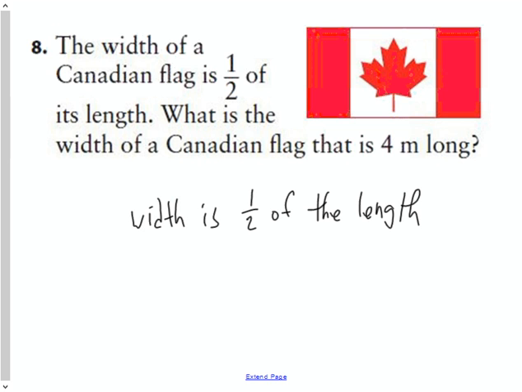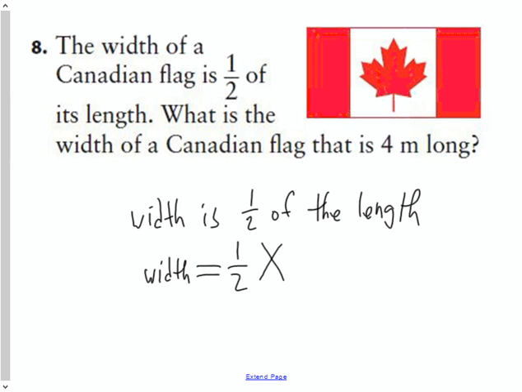So the width. Now the word is in mathematics actually has a meaning. The word is can always be translated into the equal sign. Okay, is 99.7% of the time the same thing as equal or is. Half. The word of can always be translated into a multiplication symbol.